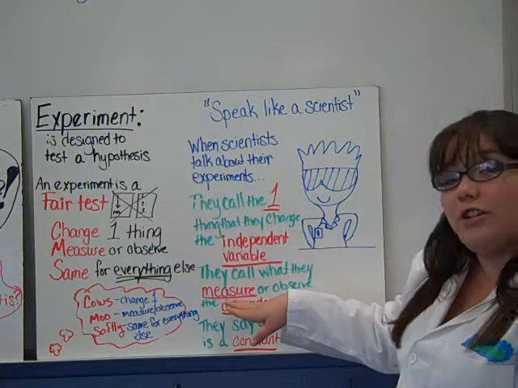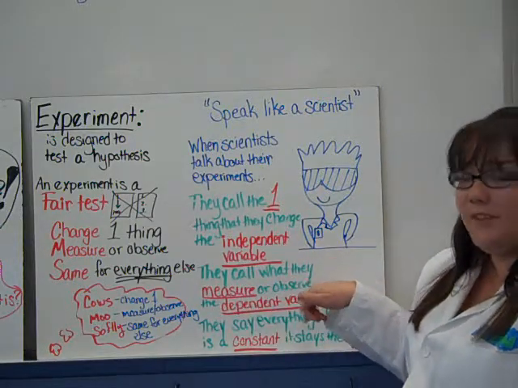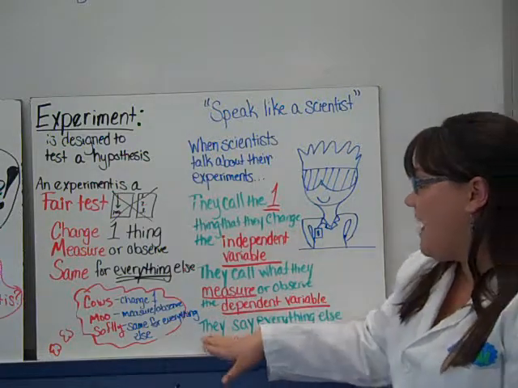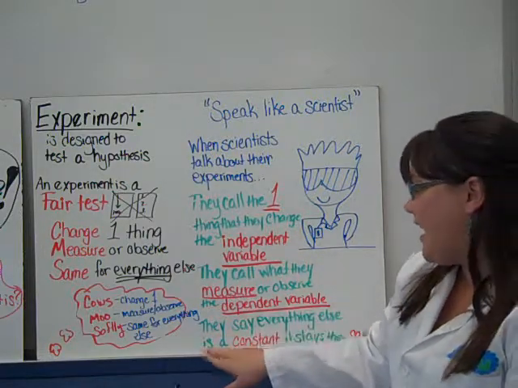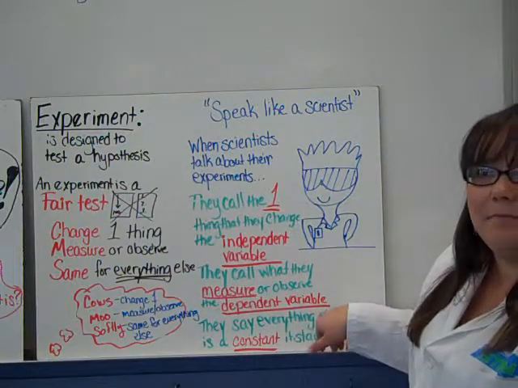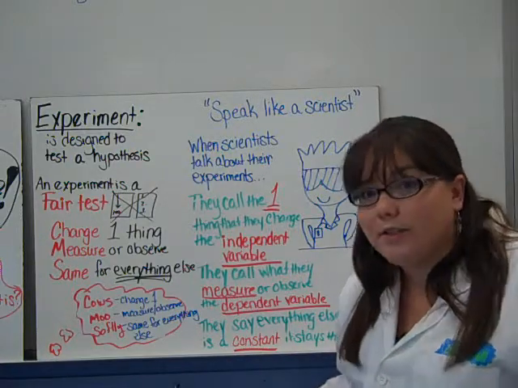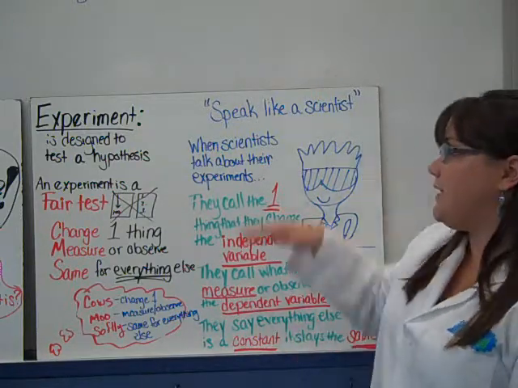They call what they measure or observe the dependent variable. It depends on something. And they say that everything else is a constant, or is held constant. It stays the same. Okay? If your little sister is constantly talking, she's always doing it, it's the same, constant.